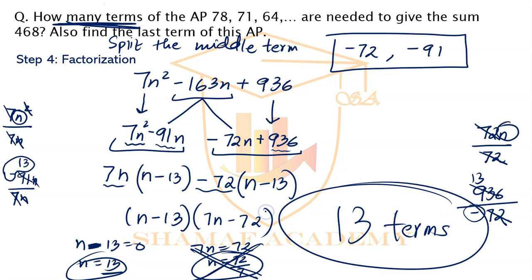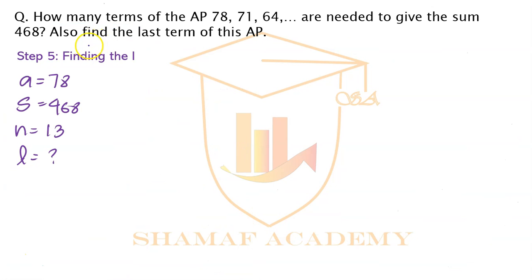And that's almost the end of the answer, and do not worry, we're almost at the end here. Let's move on to step 5. Now this is the last part of the question, which tells us to find the last term of this arithmetic progression, or AP, and we have our first 3 terms.